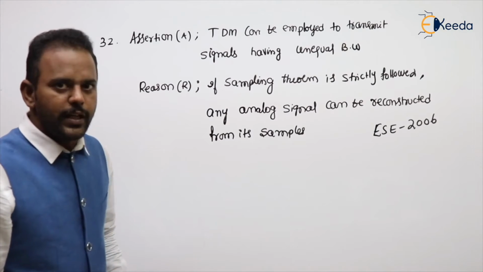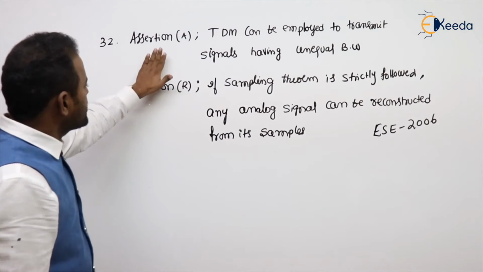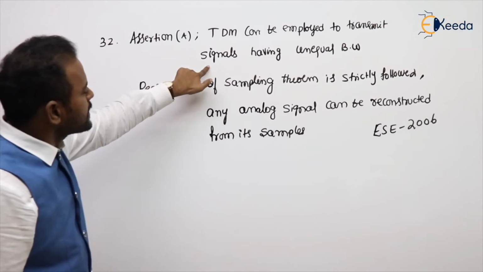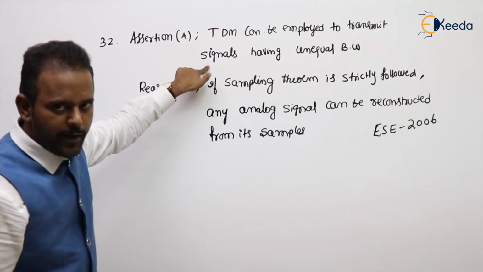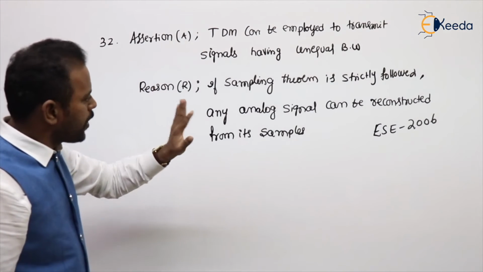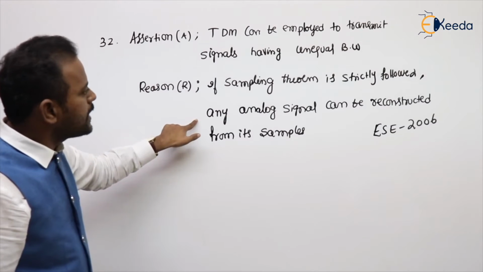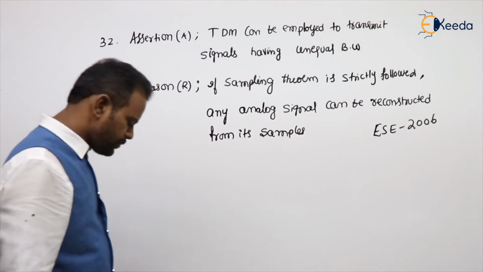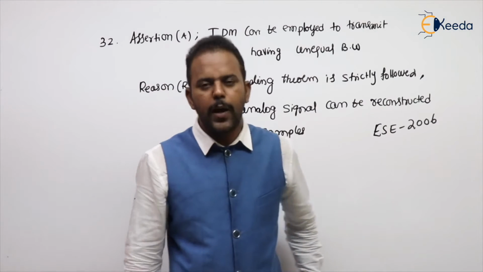It is an assertion-reason type of question. Assertion: TDM can be employed to transmit signals having unequal bandwidth. Reason: if sampling theorem is strictly followed, any analog signal can be reconstructed from its samples. We already know the options.